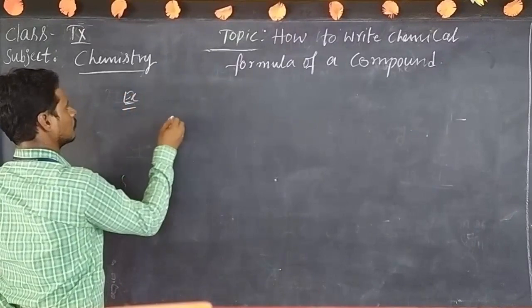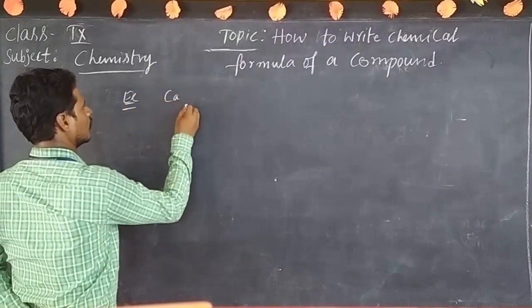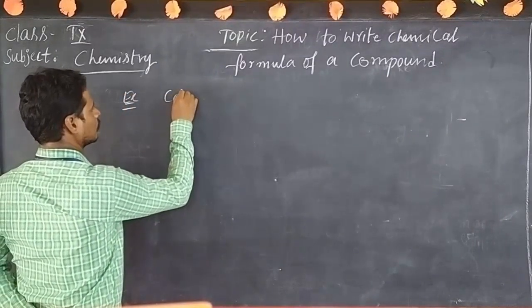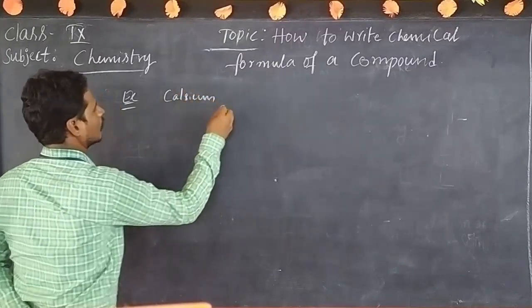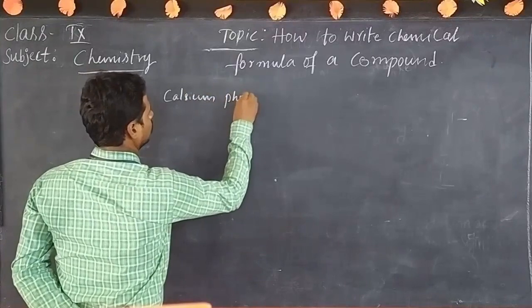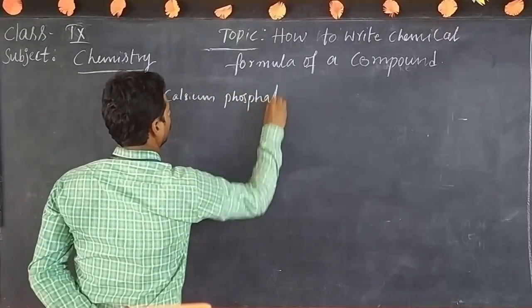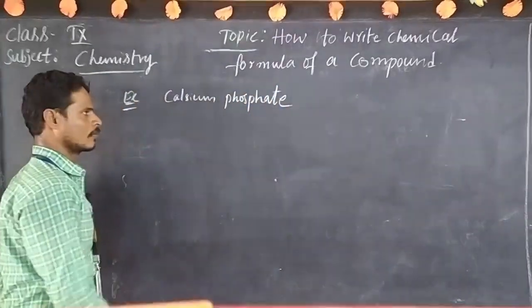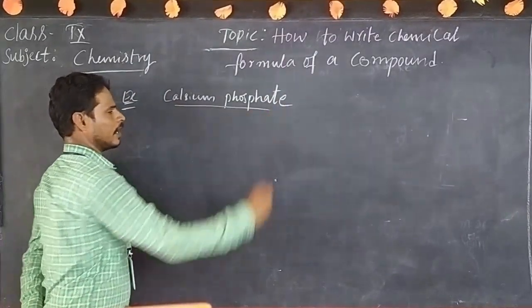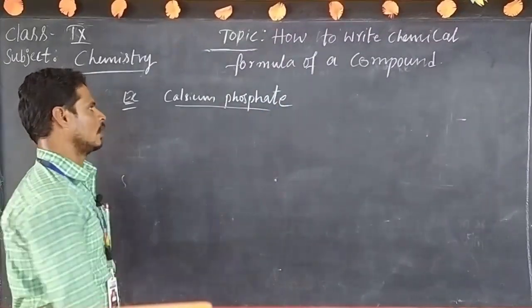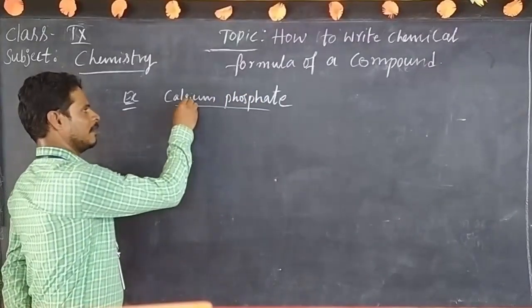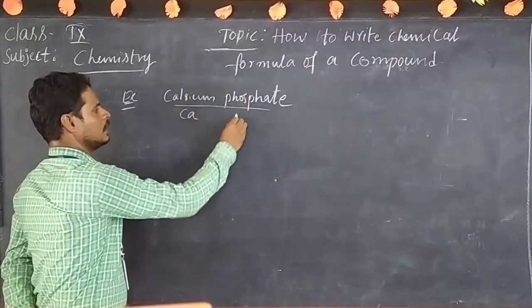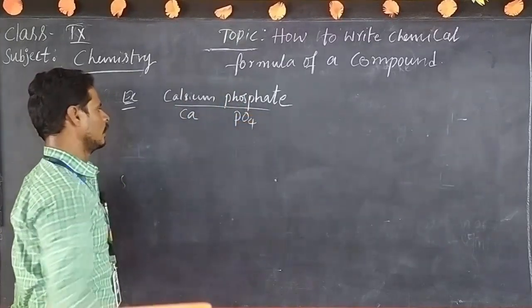Next, another example. Calcium phosphate. First you identify what is cation, what is anion. Calcium is cation, phosphate is anion. So the symbol of calcium is Ca, phosphate symbol is PO4.